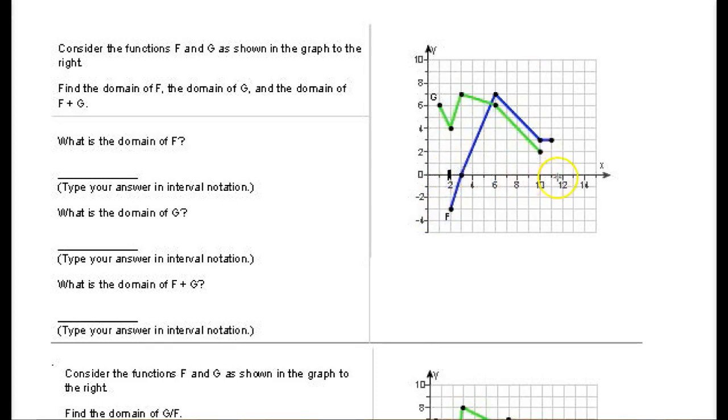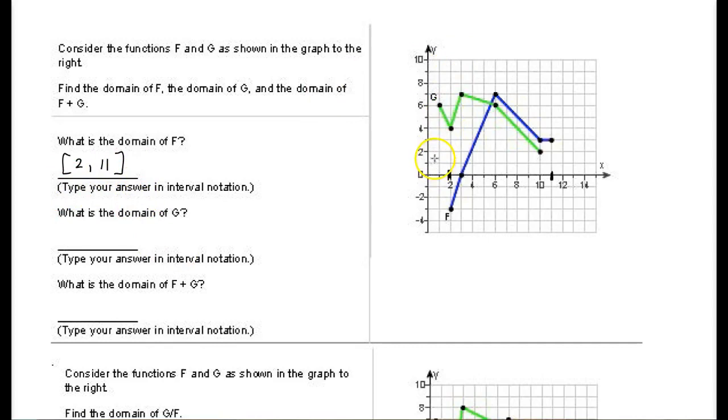It stops at the x value 11. And since we have no holes, breaks, jumps, or gaps, then it's going to include all values from -2 to 11, including -2 and 11. So we put the brackets on the ends there.